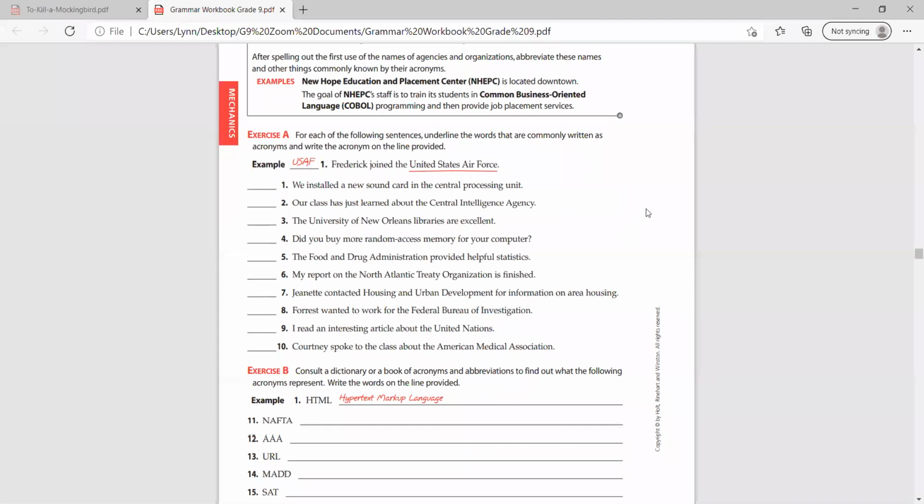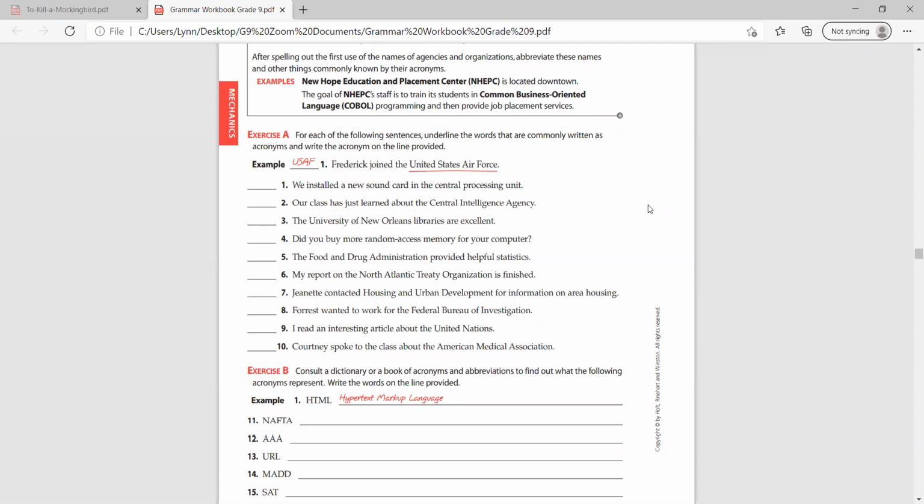Yes, miss. The first one will be central processing unit will be CPU. Yes, would you read the sentences, please, Mihad? We installed a new sound card in the central processing unit. Central processing unit will be CPU. Correct. Our class has just learned about the Central Intelligence Agency.